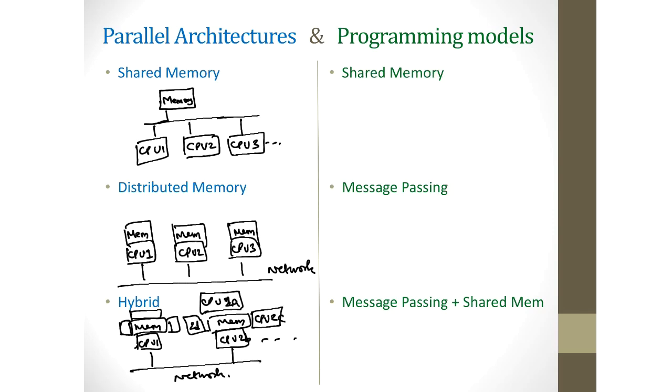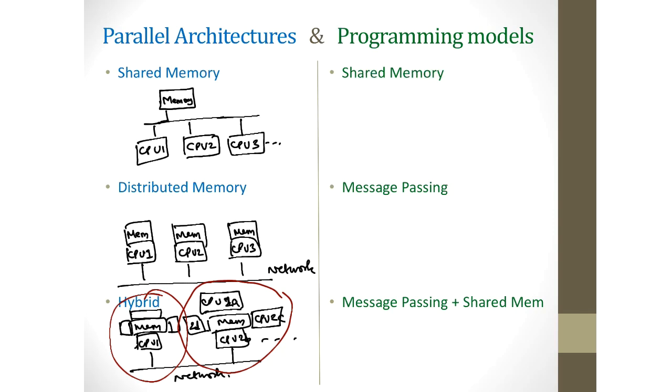So locally on each node, it's a shared memory architecture. If you look at one of these nodes, it's a shared memory architecture, but if you look across nodes, these two nodes are connected together using a network, so that's the distributed memory part of it. So this is called a hybrid system.